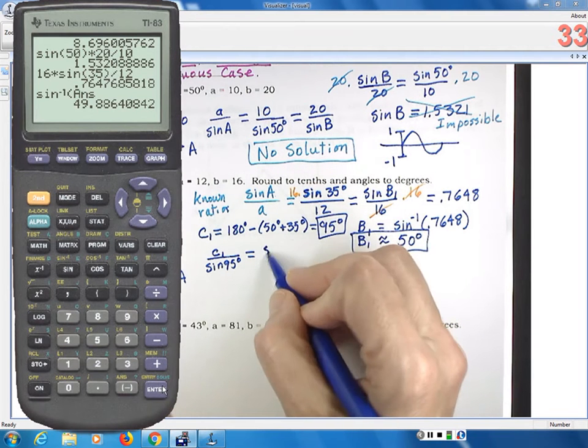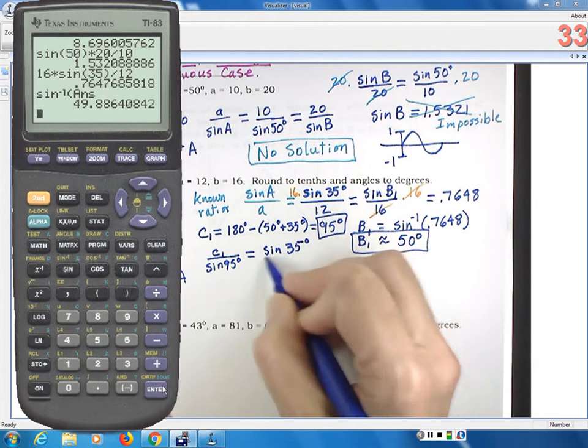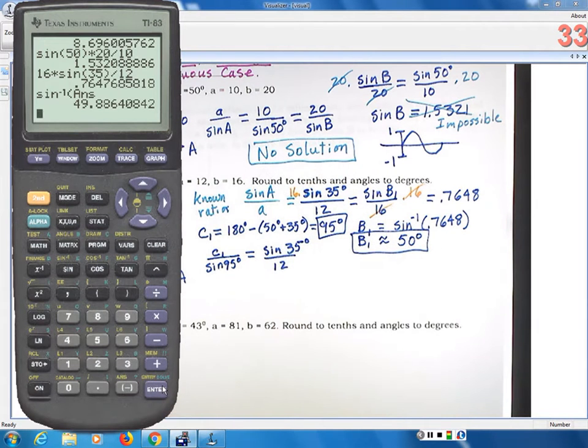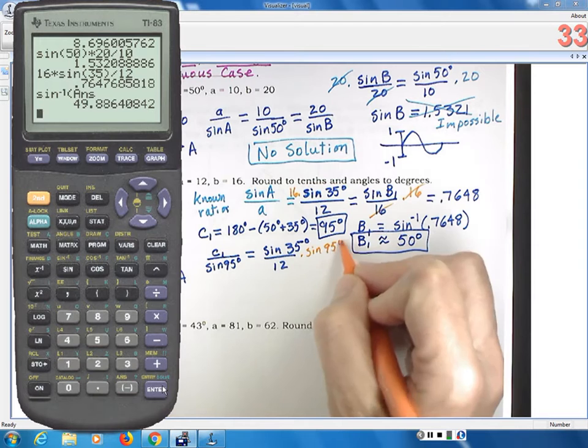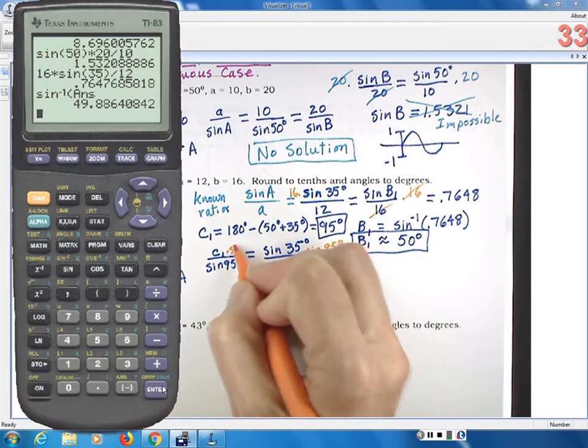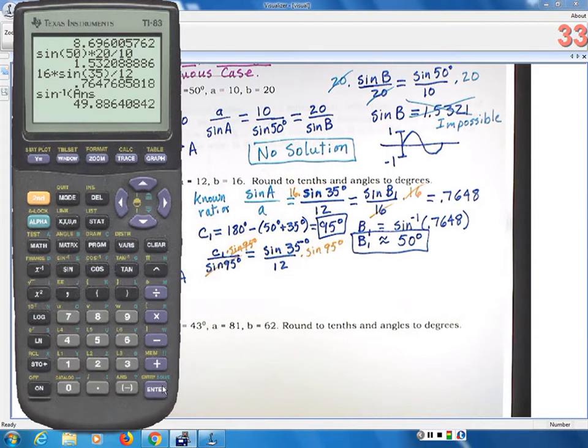Sine of 35 over 12 multiplied through by sine of 95, and that's going to be our C1.